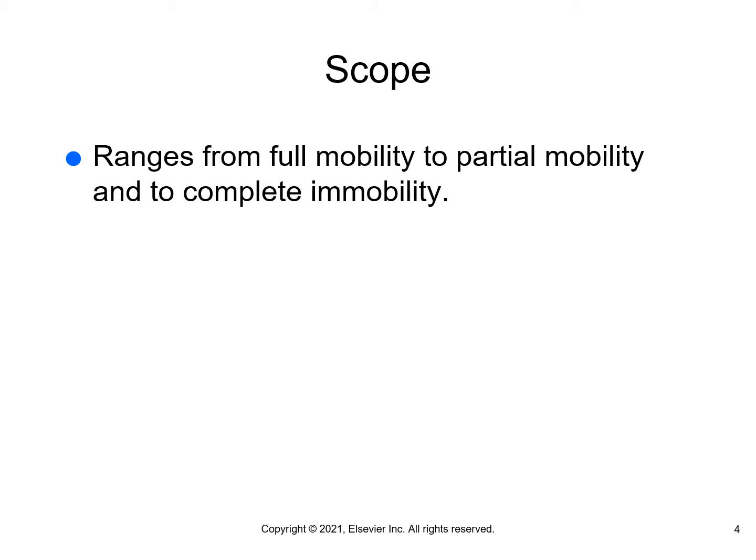So when we look at mobility, we're looking also at whether that patient can do fine movement, or whether they're only able to do gross movement. Do they have the dexterity? Are they able to feed themselves?